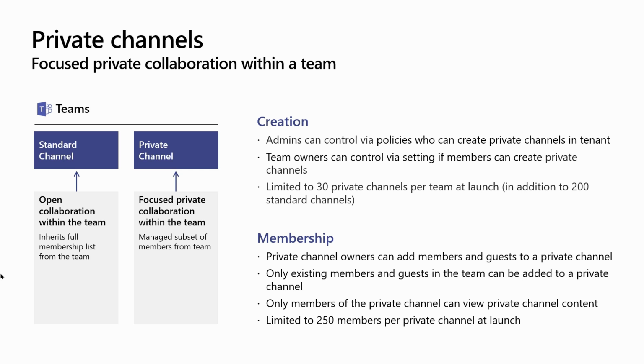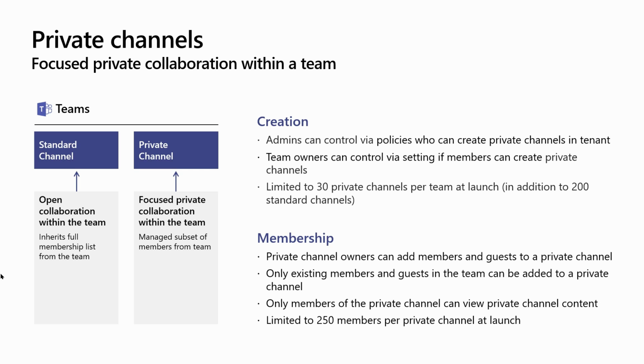But team owners can also control this via a setting within the application. And there's a limit of 30 private channels per team right now. We will be increasing that likely in the future, but that is the limit today. This is in addition to the 200 standard channels that you can have in a team.